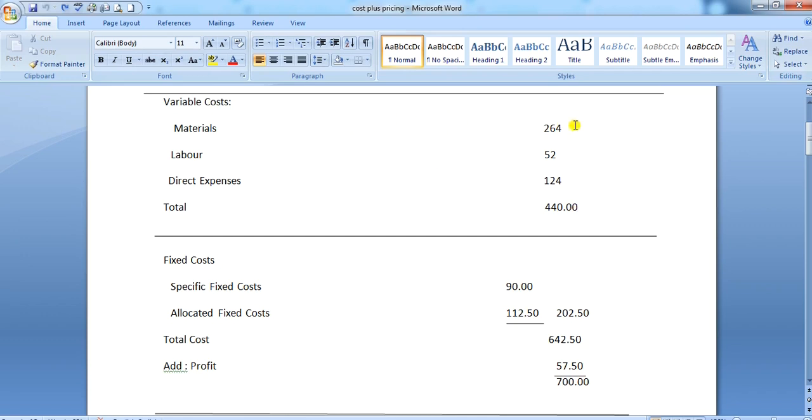Now material cost is 264, labor is 52, direct expenses are 124, right? So for 264 lakh rupees, we had 440 as the total variable cost, right? So 440 lakh rupees had 264 lakh rupees as the material cost.